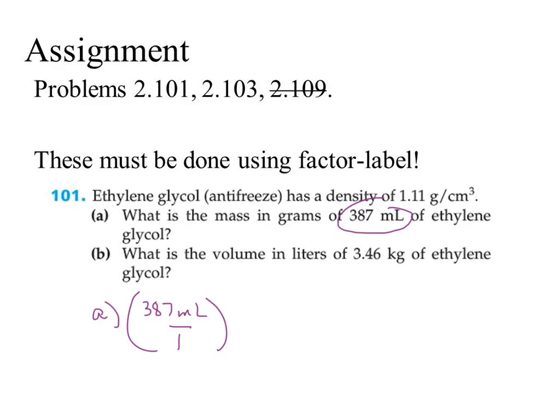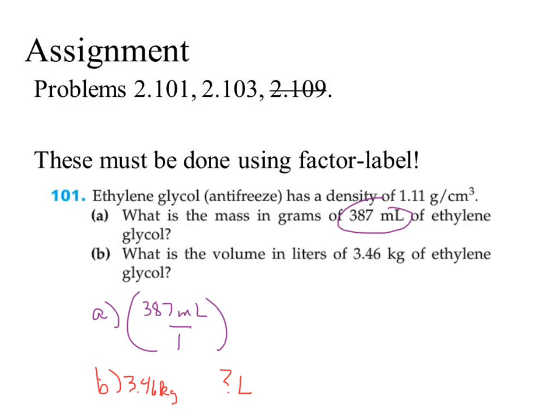Okay, so next one, what is the volume in liters? Let's look at B, because I can see now it's got a little more of a twist, not too bad. Okay, so B, we are question mark liters, and we're starting with 3.46 kg for kilograms.